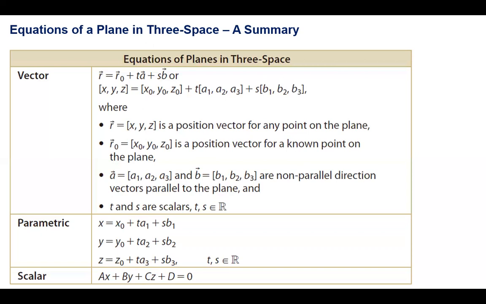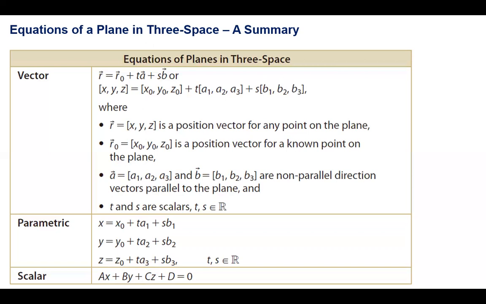In parametric equations, x equals x naught plus t times a1 plus s times b1. y equals y naught plus t times a2 plus s times b2. z equals z naught plus t times a3 plus s times b3. If you have a vector equation of a plane, then you can find the corresponding parametric equations, right?